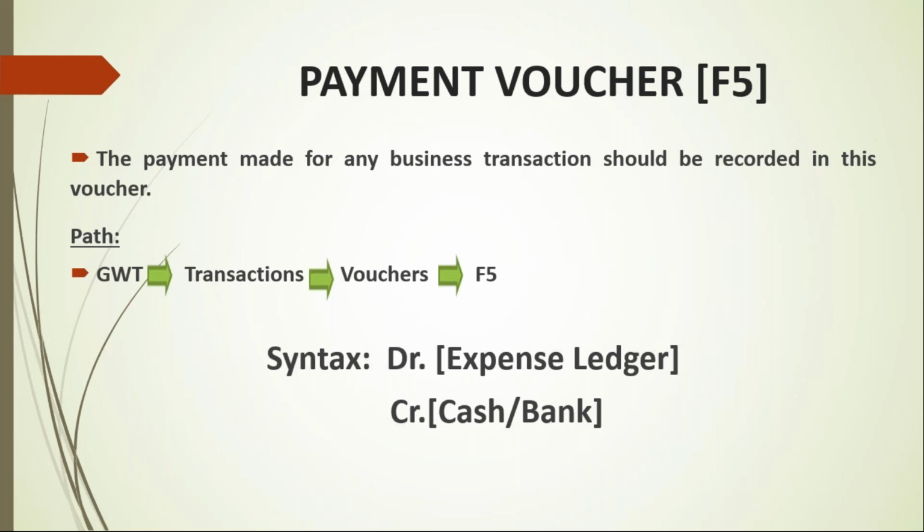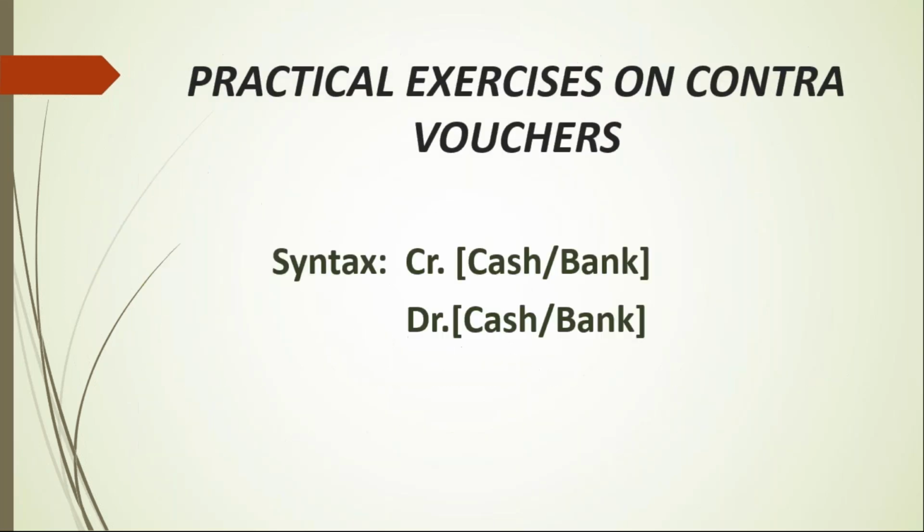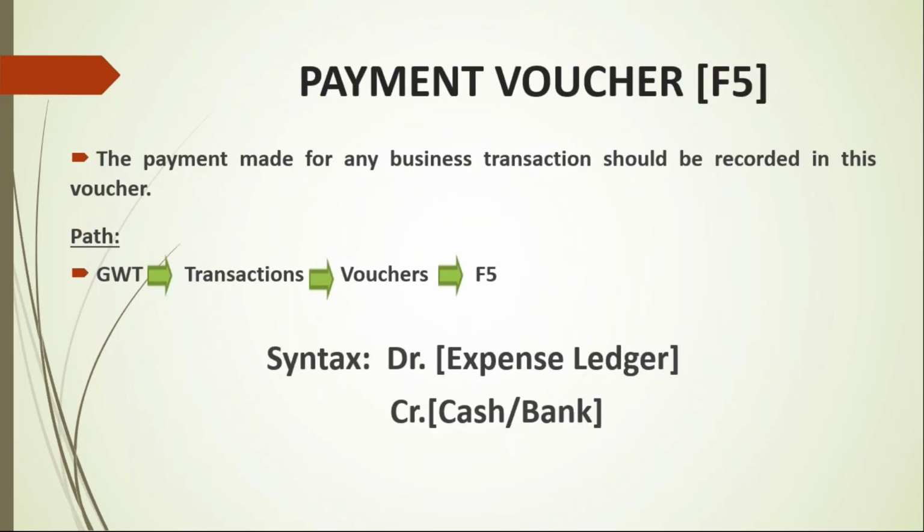Now how does the payment voucher appear? That is the interesting part here. Now contra voucher, when we had discussed, the credit aspect appeared first and the debit aspect appeared next. Yes, the credit portion appeared first where we had cash or bank, and the debit portion appeared next where we had again cash or bank. Now when I talk about the payment vouchers, we are back to the normal positioning.